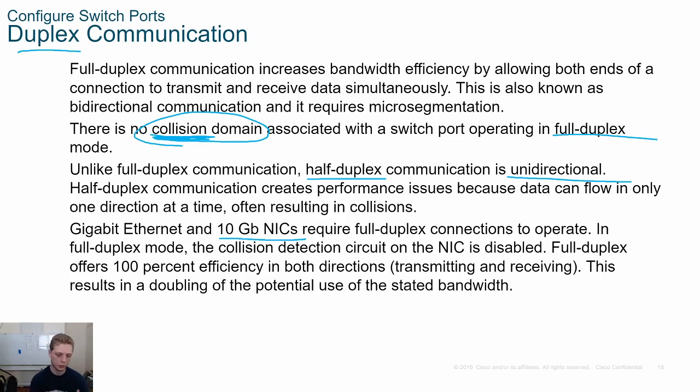So only 100 meg or 10 meg or lower, which if you're lower than 10 meg today, I'm sorry, will use half duplex. So 90% of the modern world is dealing with gigabit or higher today, so this is becoming less and less of an issue.